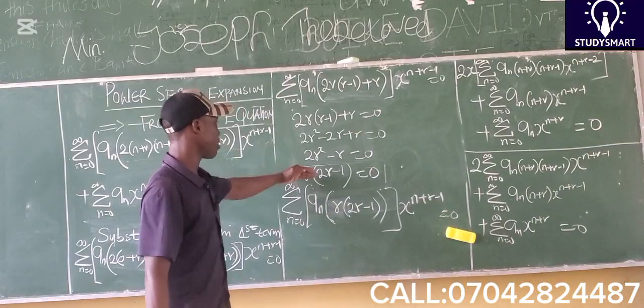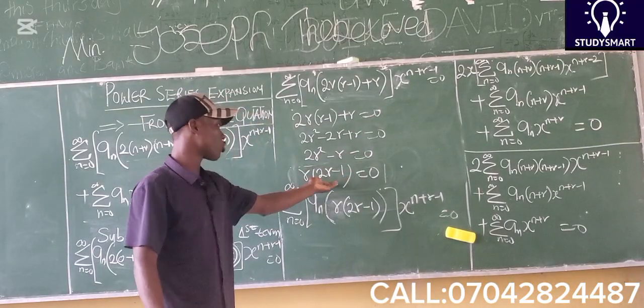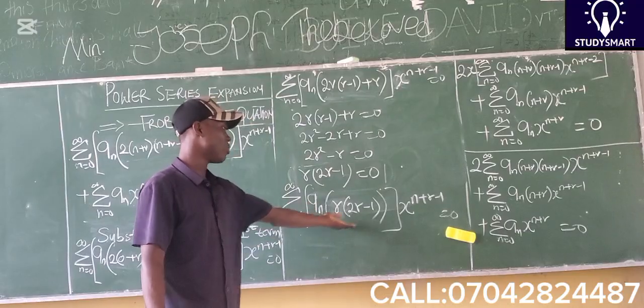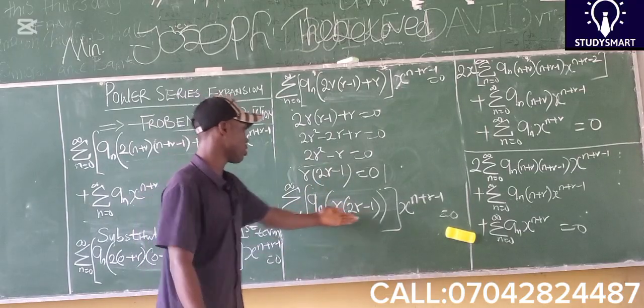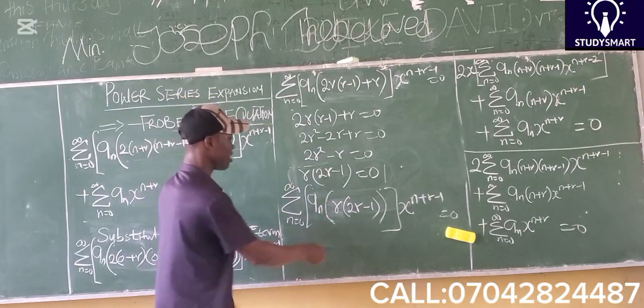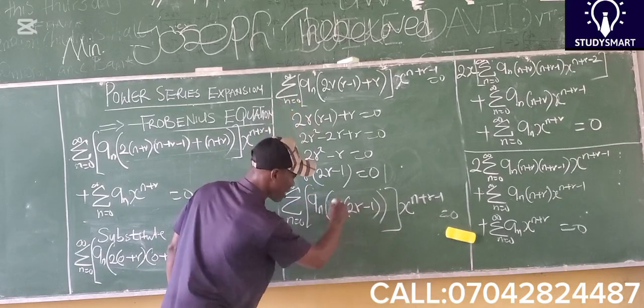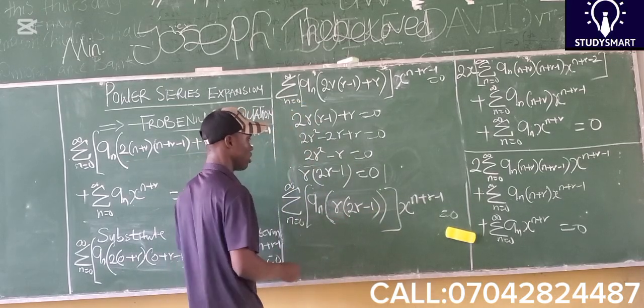Alright, so this becomes my initial equation. I can use this. I just did it in this form so as to look sweet. This thing inside here becomes my initial equation.